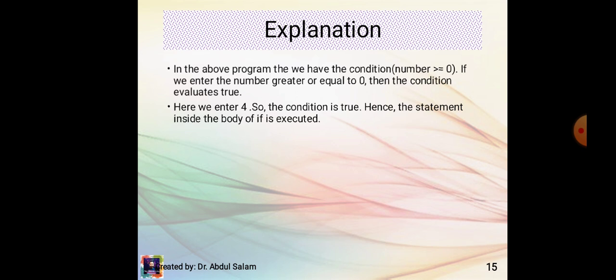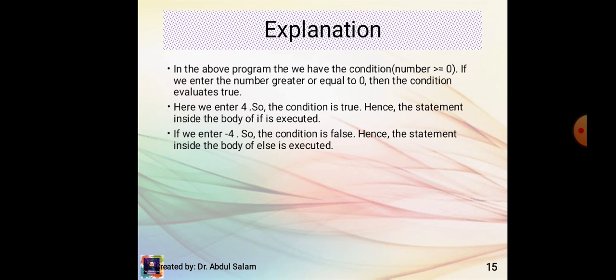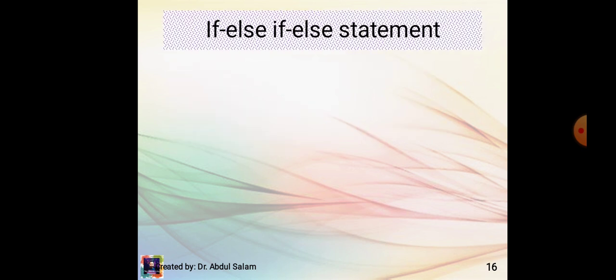If we enter a number greater than or equal to 0, then the condition evaluates true. Here we enter 4, so the condition is true, hence the statement inside the body of if is executed. If we enter -4, the condition is false, hence the statement inside the body of else is executed.